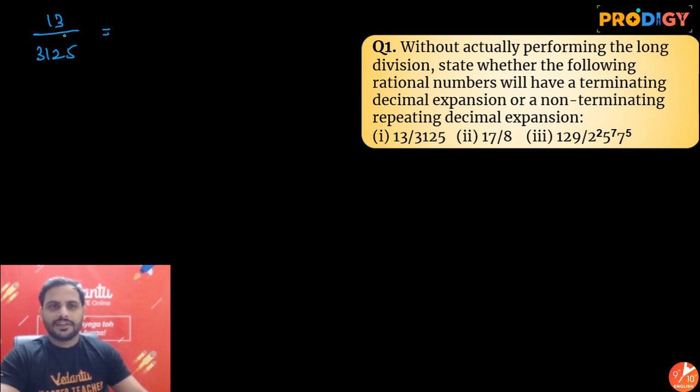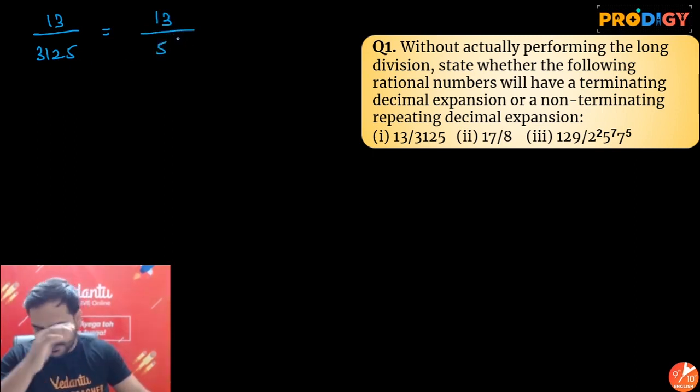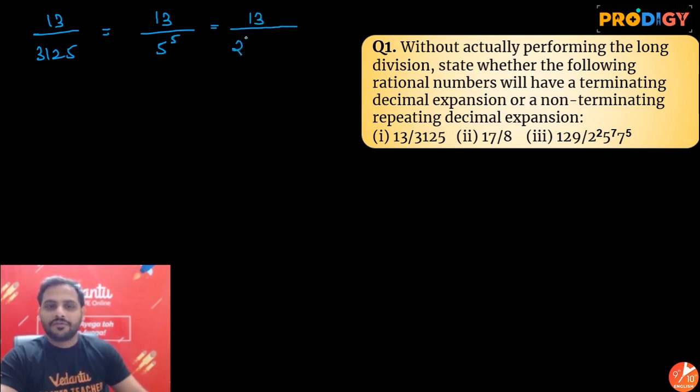The prime factorization of 3125 is 5 raised to the power 5. So the power of 2 is 0 because it is not present, and the power of 5 is 5. So it will be a terminating decimal.